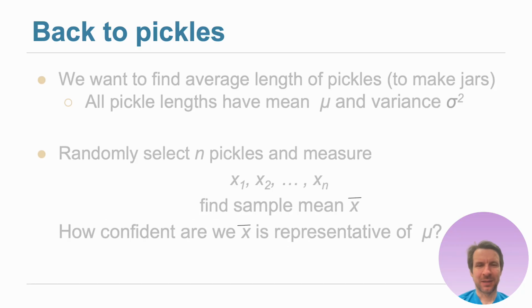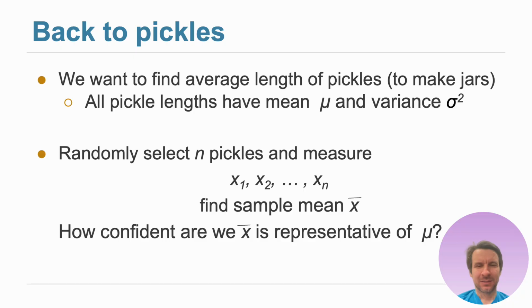Alright, so let's go back to pickles. So you want to find the average length of the pickles to make a jar. All pickles have length mean mu and variance sigma square. Right. So now we randomly select n pickles and measure them, and have measurements for the pickles x1, x2 up to xn.